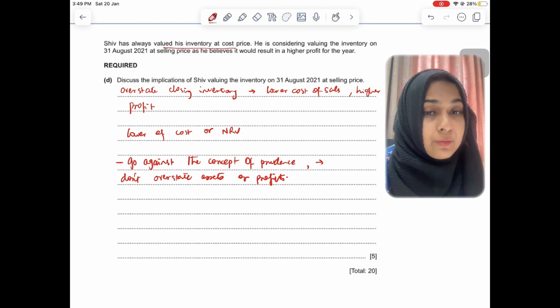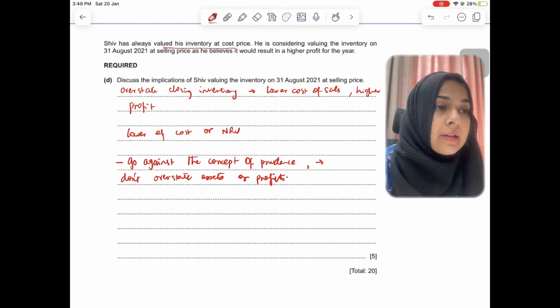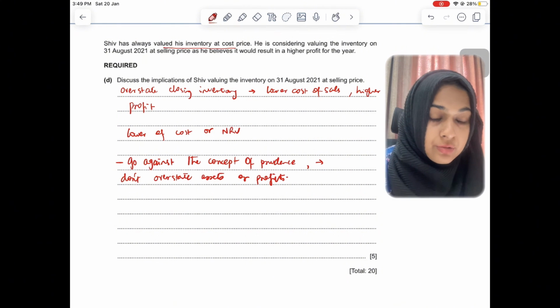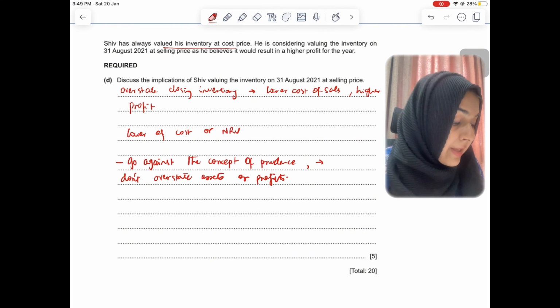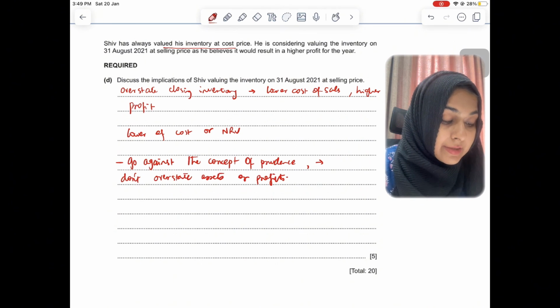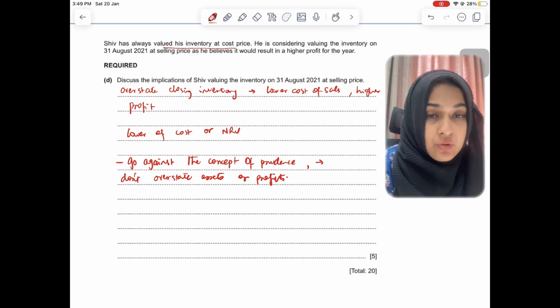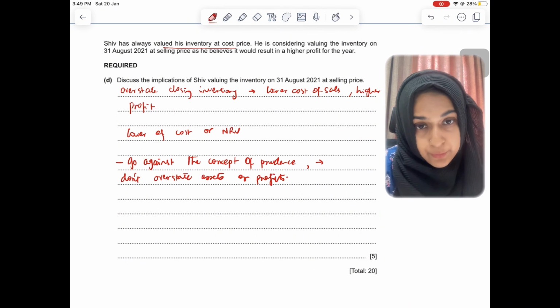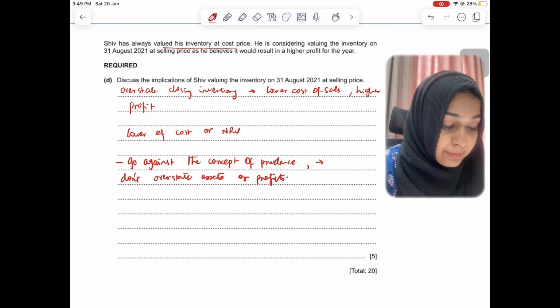Also, the information is not comparable anymore with the other accounting years and with the other businesses that you are trying to compare yourself with. So you need to advise Shiv that this should not be done because it goes against the accounting principle of prudence, which every business needs to follow for their accounting information.